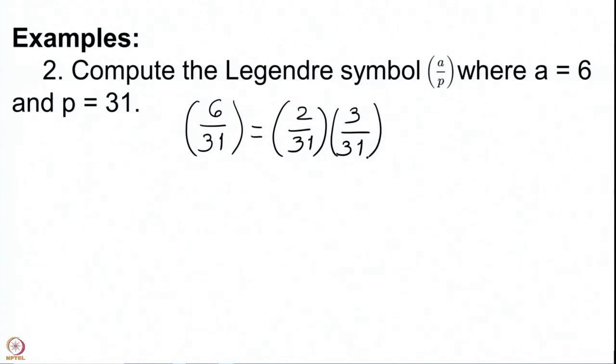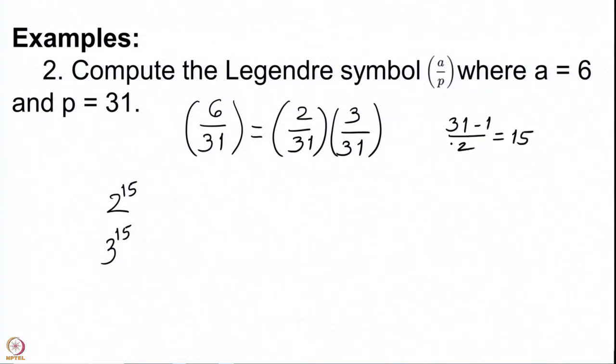So the Legendre symbol of 6 is the product of the Legendre symbols of 2 and 3, and now we will need to compute 2 power 15 and 3 power 15. Remember 31 minus 1 by 2 is 15.